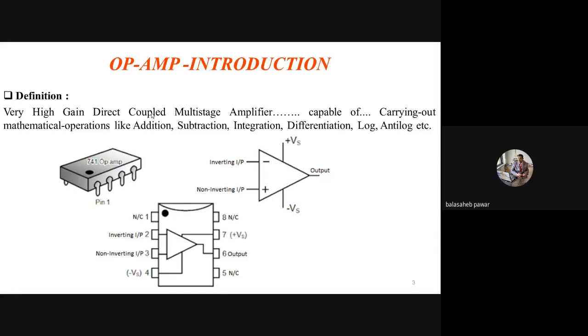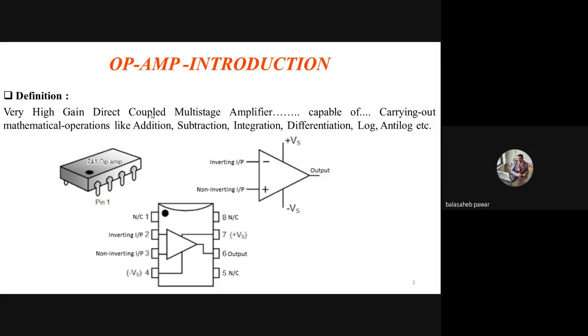But in the case of the operational amplifier, as it is a multi-stage amplifier, a number of transistors and amplifier stages are there, and these multiple stages are connected with each other by direct coupling. Means there is no component in between. For example, the output of the first stage is directly given to the input of the second without any component. That's why it is known as direct coupled.